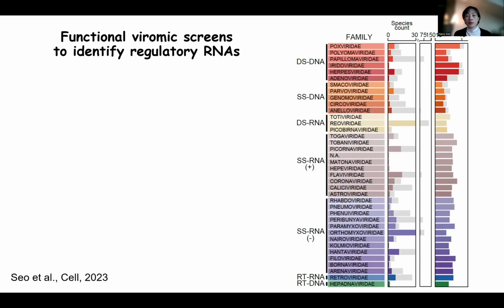To identify regulatory RNAs, we decided to take what we call functional viromic screens. So for that, we had to list representative viruses that can have maximal coverage and sequence diversity.